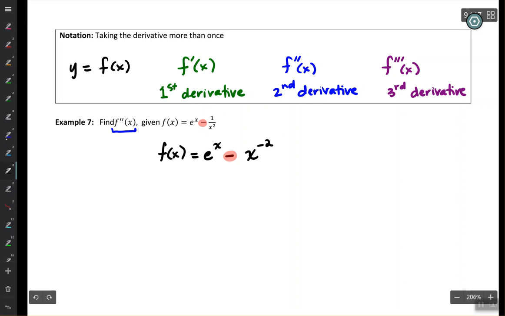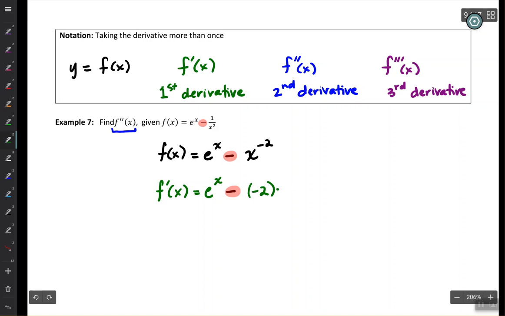Now my first derivative, going term by term, the derivative of e to the x we love is just e to the x minus, now taking the derivative of x to the minus 2 power using power rule, that's going to be a minus 2 times x to the minus 2 minus 1 power, to the minus 3 power.